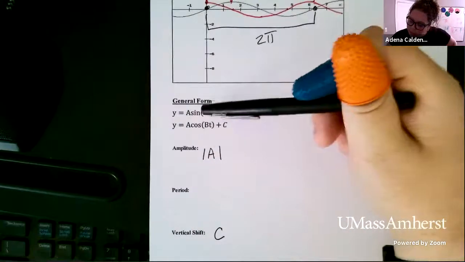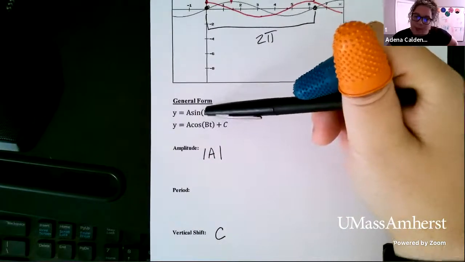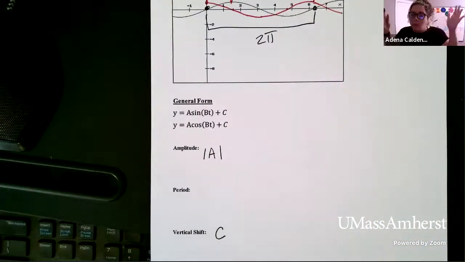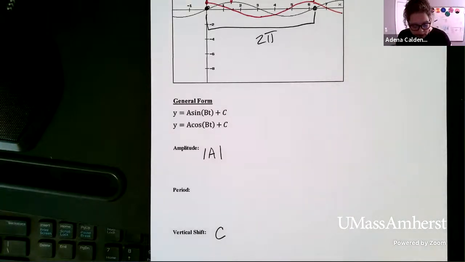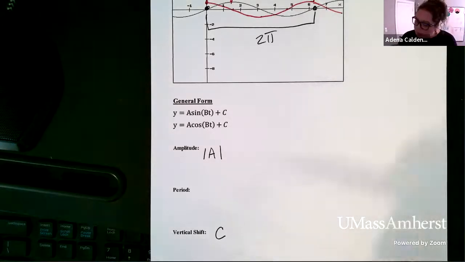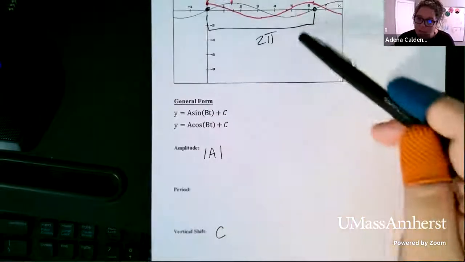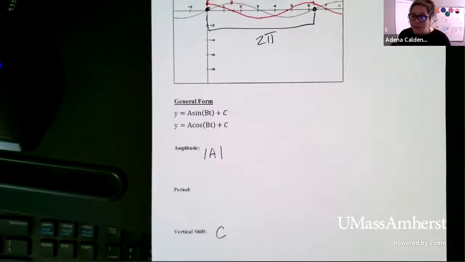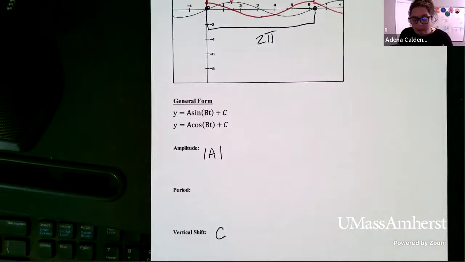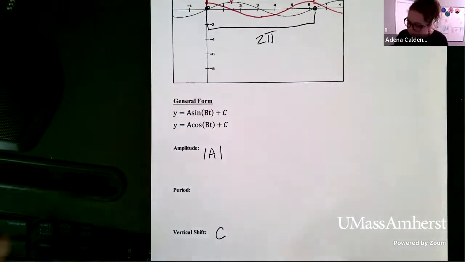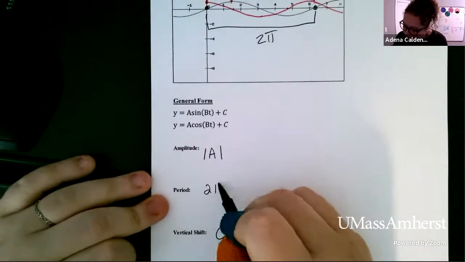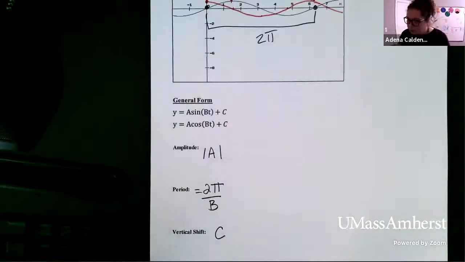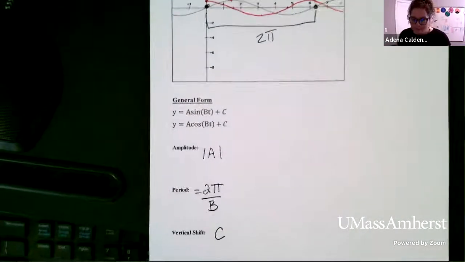Well, it's related to this variable b, because what b does is it stretches a function horizontally or shrinks it horizontally. So we have to scale to relate the 2 pi, which is the normal period of sine and cosine, to this variable b. If we're multiplying by b, how does that impact our period? Well, it turns out from the general form that the period is going to be 2 pi over b.